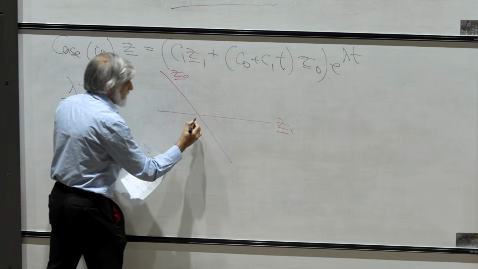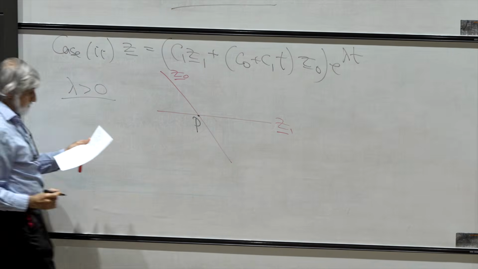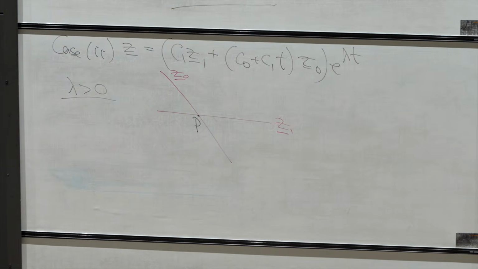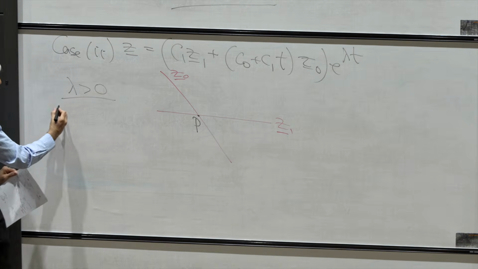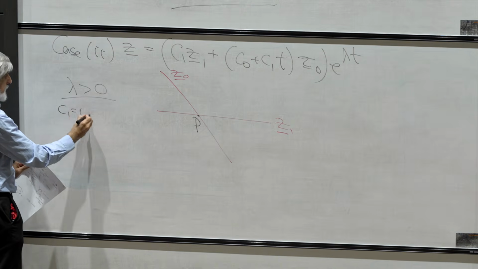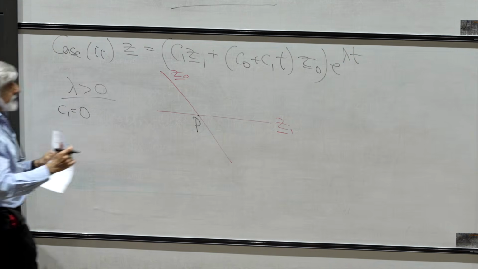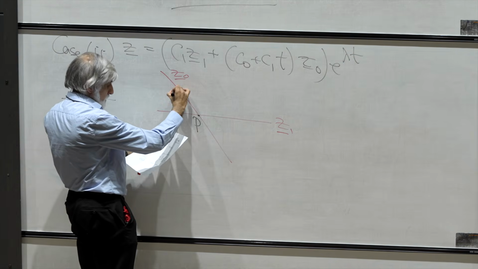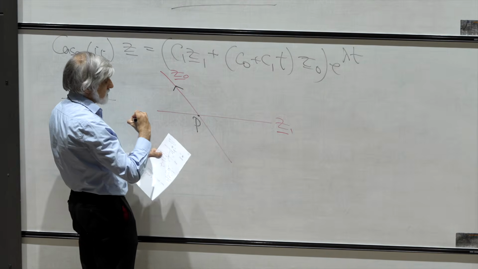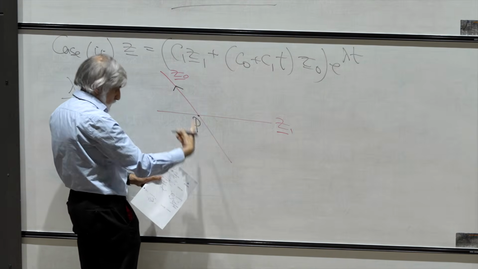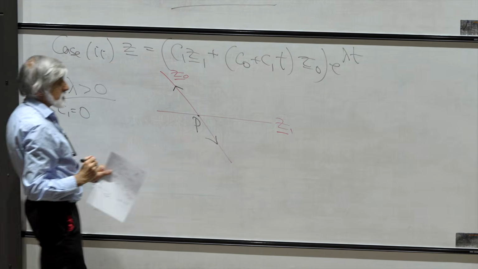And this is P. So if I start off with C1 equal to 0, then it means I've just got C0 Z0 e to the lambda t, and then I go off in this direction. And if C1 was negative, I'd go in that direction.